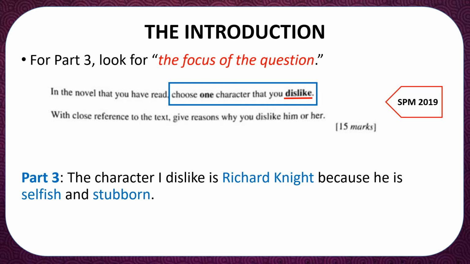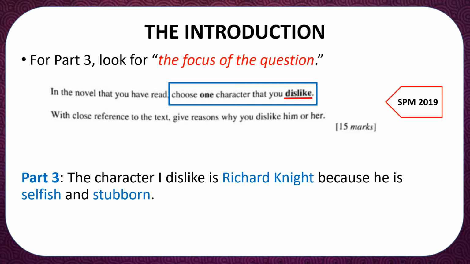Of course, this one is slightly different from the example I showed earlier, because this one asks for one character that you dislike. If you dislike a character, you must have reasons why you don't like the character. So you need to give the reason in part 3.